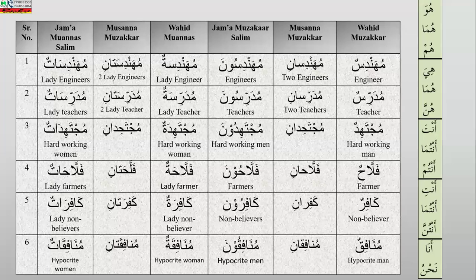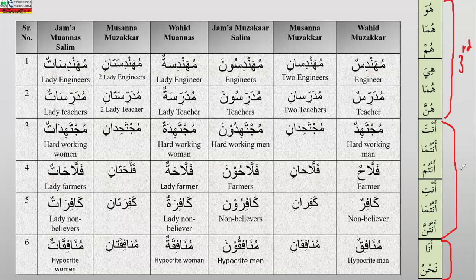First, we'll take the bunch of third person. These are third person, these are second person, and these are first person. Third person means, as we have learned, absent, gayab. Second means hazir, you. And the first person is mutakallim, speaker.